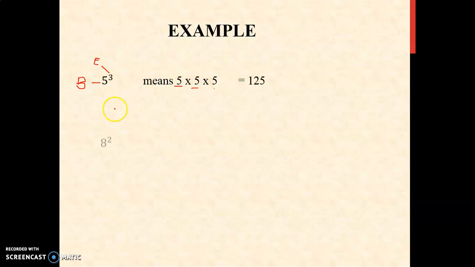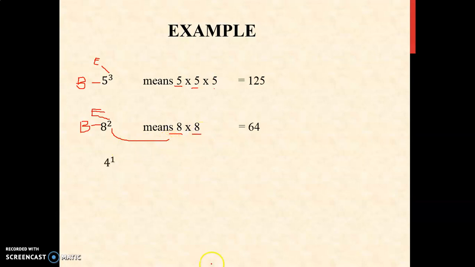The next one is read as 8 raised to 2 or 8 squared. Again, your 2 is your exponent and your 8 is your base. This means 8 times 8, and that is equal to 64. Your 2 means you're going to repeat 8 twice.